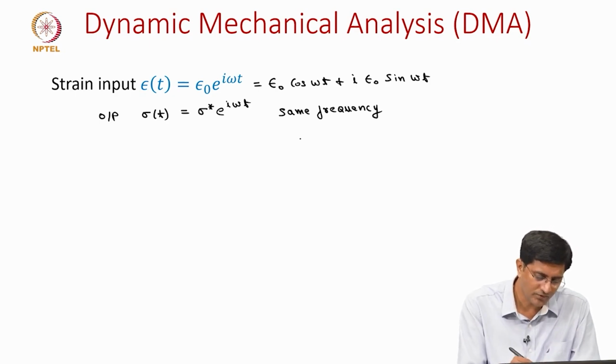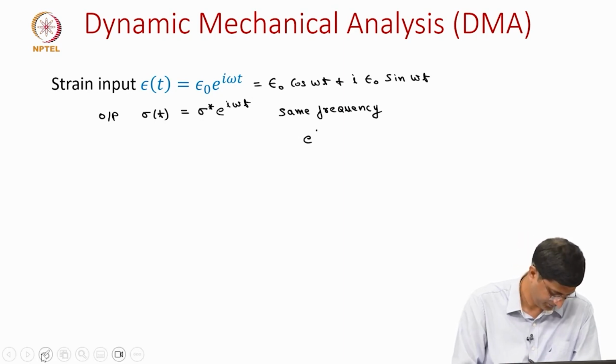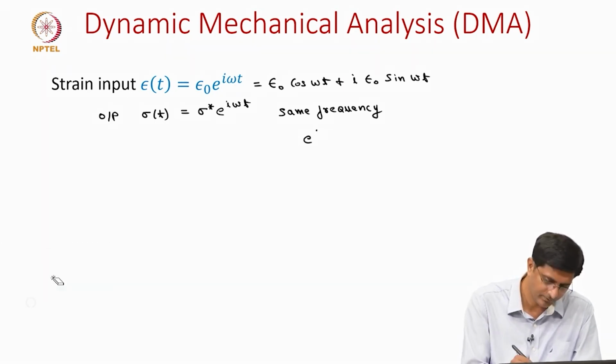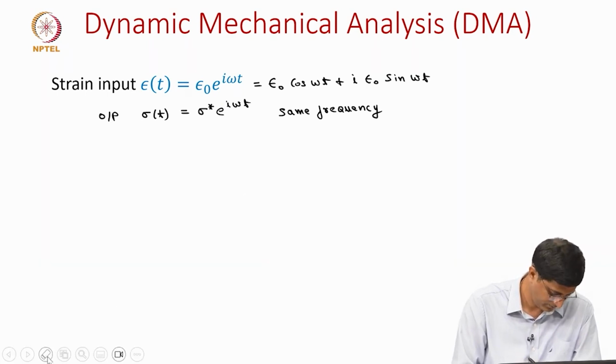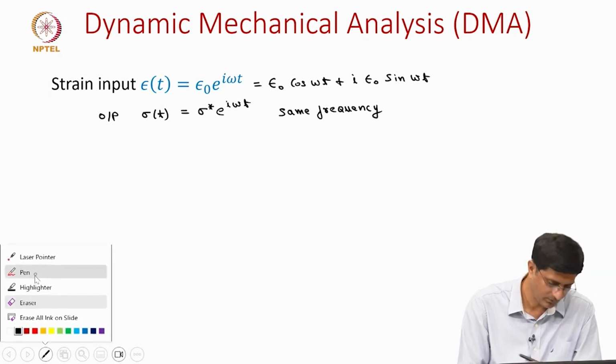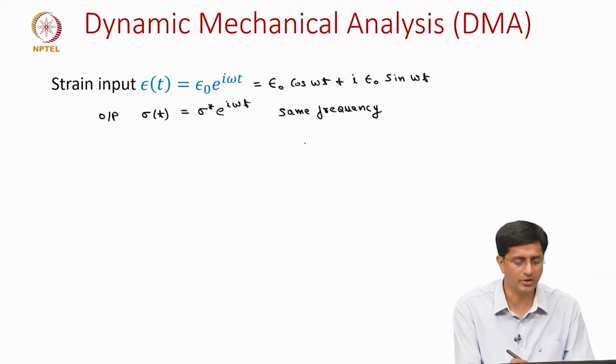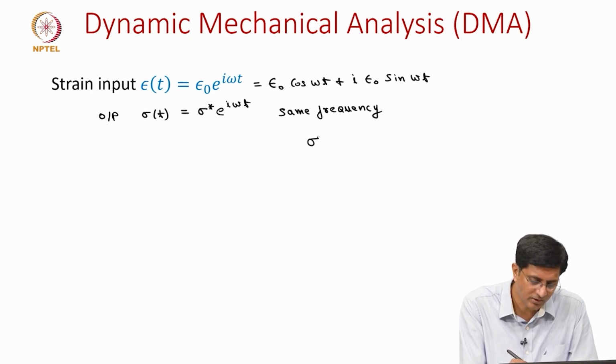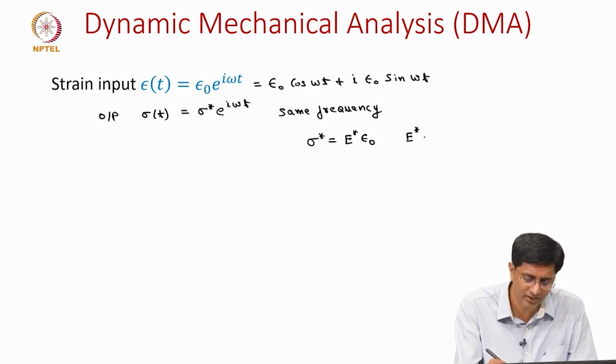Now we will replace this sigma star with E star times epsilon naught. What is E star here? E star we will define as the complex modulus.